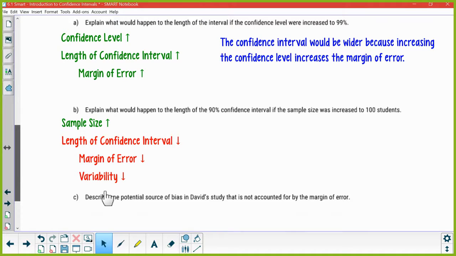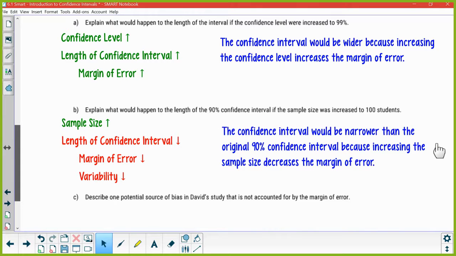So as my sample size goes up, I'm getting more people that are representative of my population, meaning that I'm getting closer to that true proportion from the population. So the confidence interval would be narrower than the original 90% confidence interval because increasing the sample size decreases the margin of error.